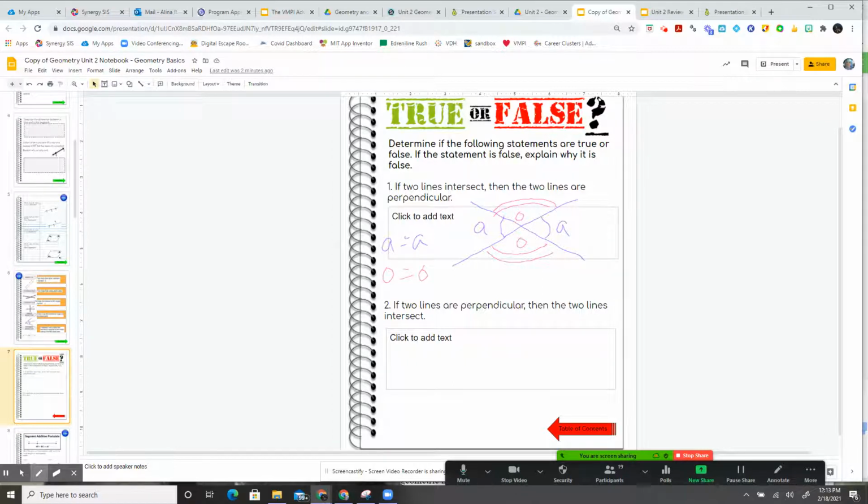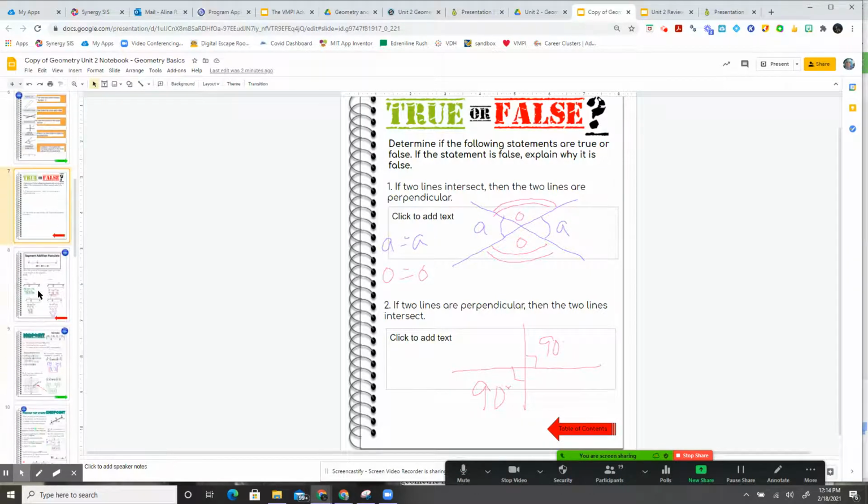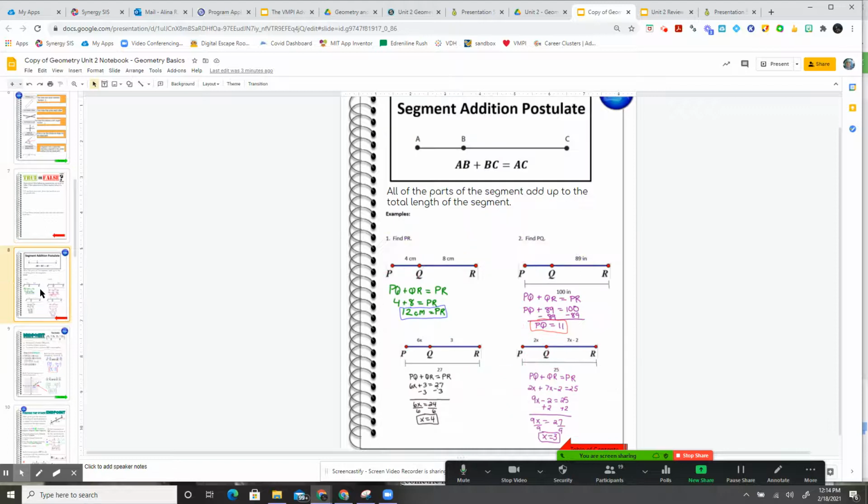If we've got perpendicular lines, then we've got very specific 90-degree angles, right? And notice that all of those angles are 90 degrees. So if you have one 90-degree angle, you have four 90-degree angles. Okay. Again, I know I'm going quickly, so stop me, ask questions.